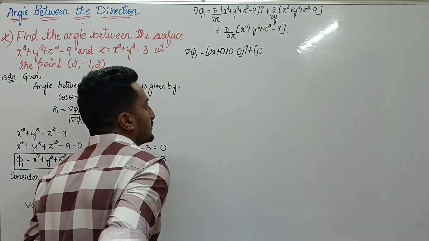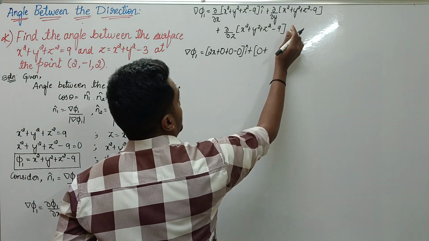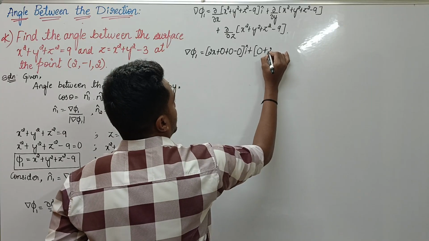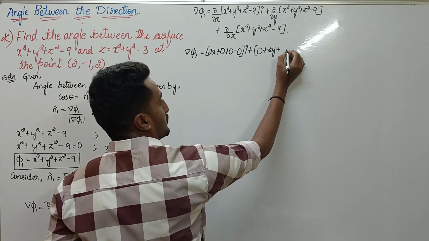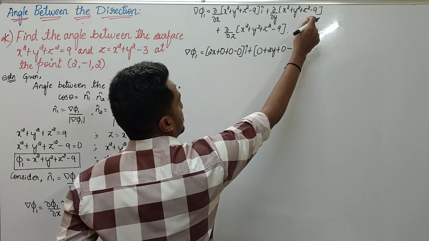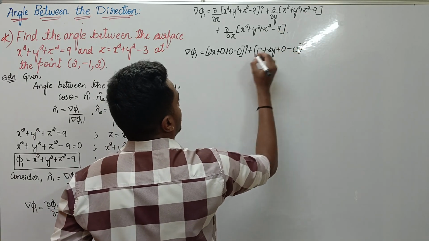Now plus differentiation of y square with respect to y is 2y, plus differentiation of z square with respect to y is 0, minus differentiation of the constant 0.